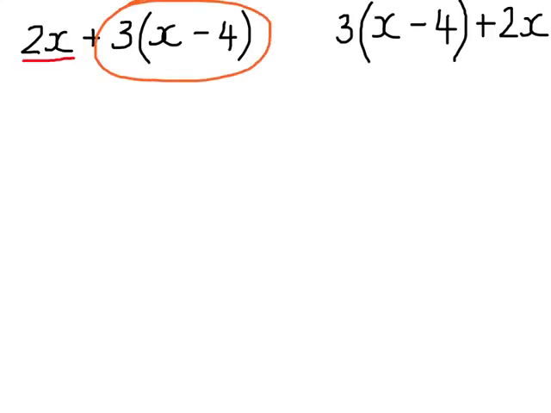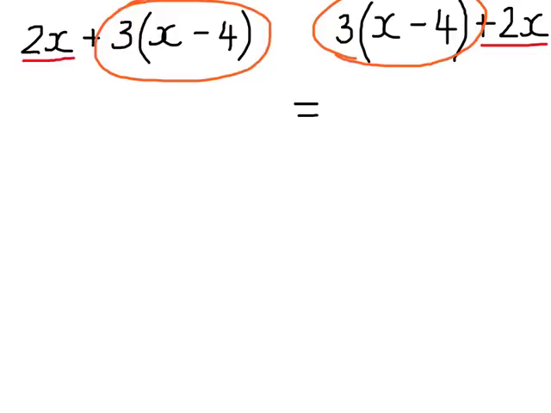So we don't multiply the 2x by anything. So you can see in the other one, 3 is out the front of the brackets, and then the 2x over here has just been added on afterwards. What we do need to do is, after we expand the brackets, we need to simplify. So I'll just quickly go through this example.